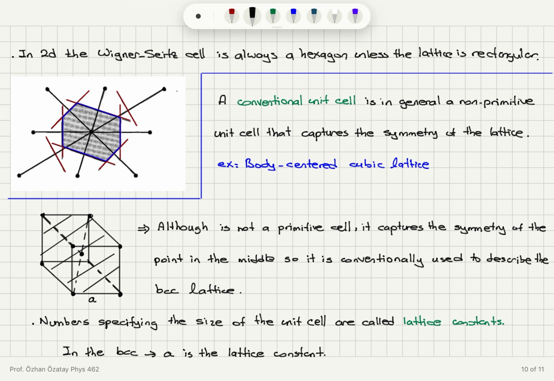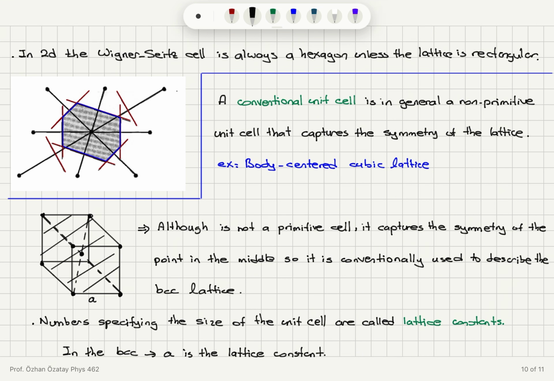How about a conventional unit cell? A conventional unit cell is not necessarily a primitive unit cell. It's in general a non-primitive unit cell, but it captures the symmetry of the lattice. So here's a good example, the body-centered cubic lattice. We have 8 atoms at the corners, 1 atom at the center, or if this is a lattice, then 8 points at the corners, 1 point in the middle.